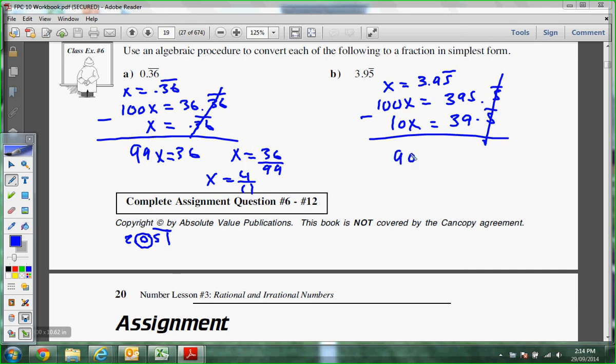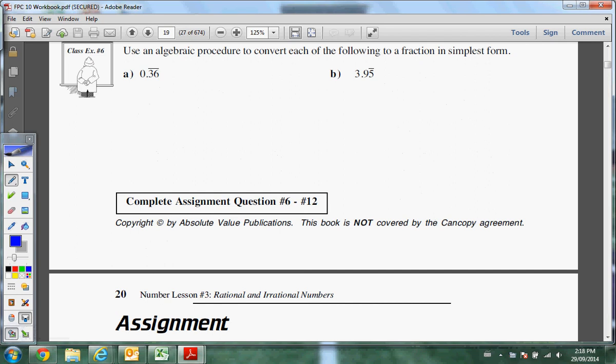I get 90x equals 356, and then divide by 90. Your final simplest answer is 178 over 45 for this fraction. And that's the one we did from the beginning, right? All right, I'll give you guys a couple minutes here, and we'll talk about the second one.